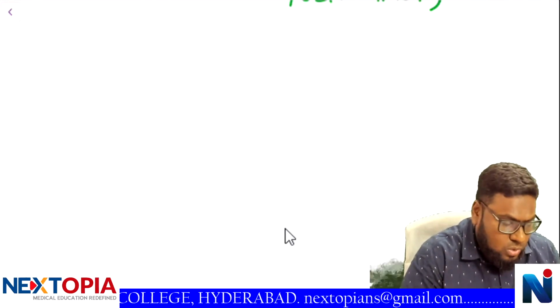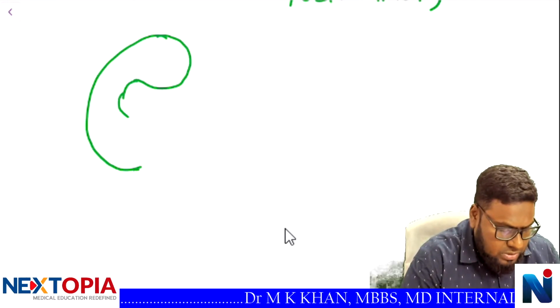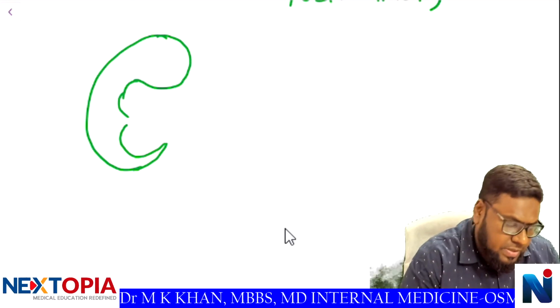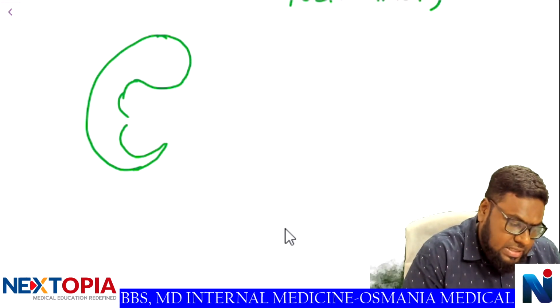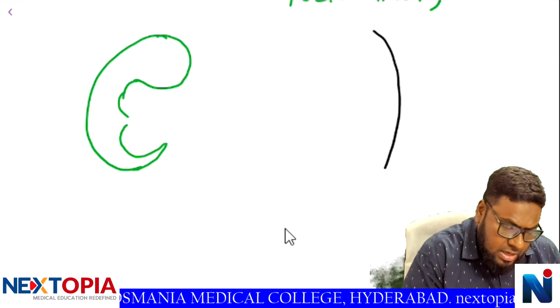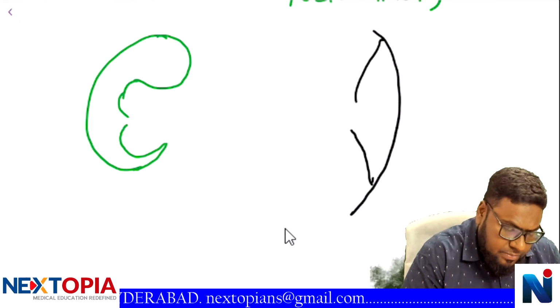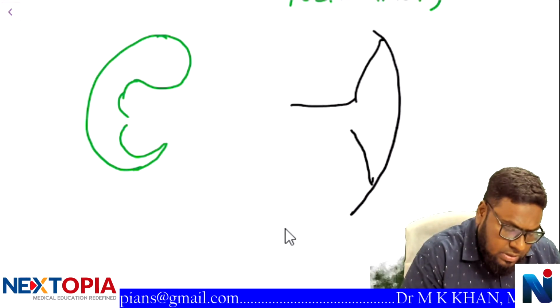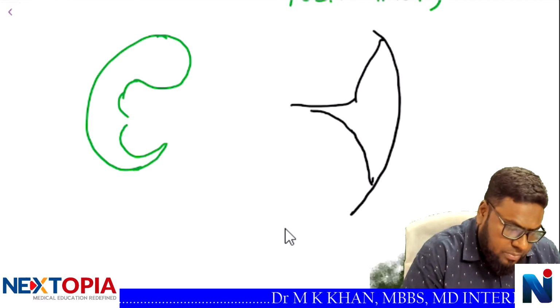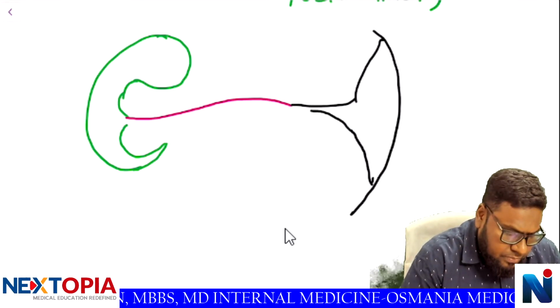If this is the growing fetus, the embryo, suppose this is the tail of the embryo like this, and if this is the placenta, this is the uterus, and in the uterus we have a placenta like this. So this is the communication I'm talking about.